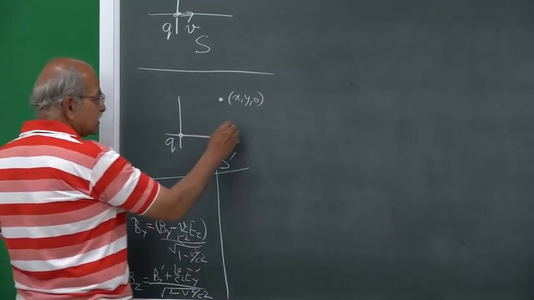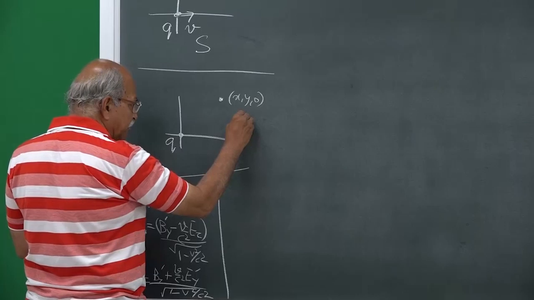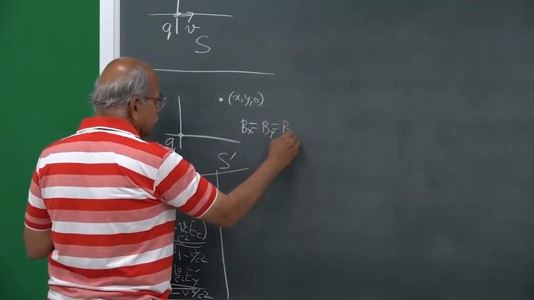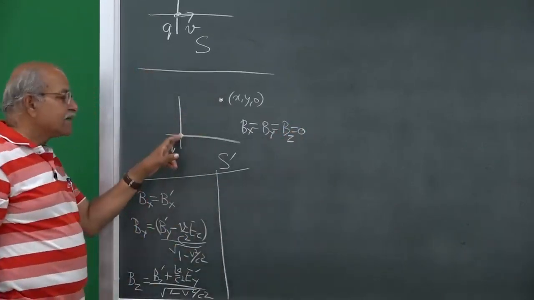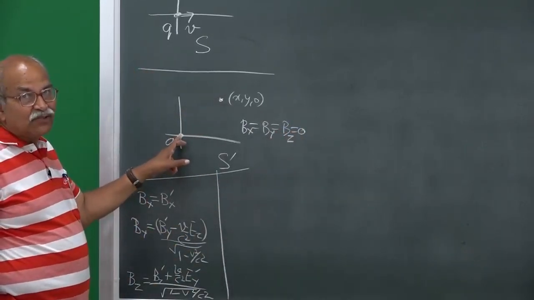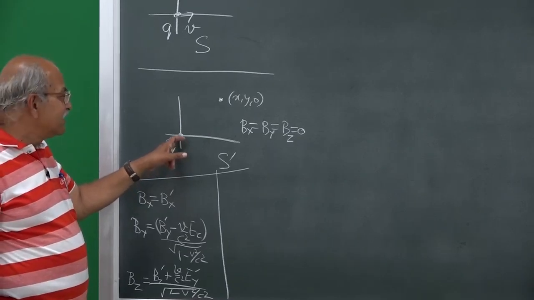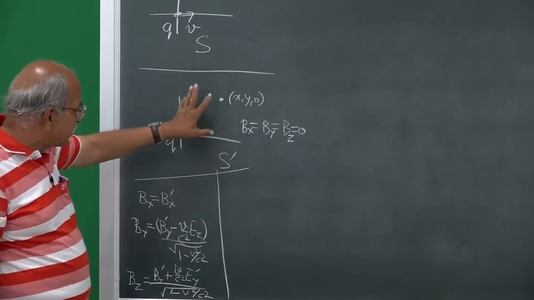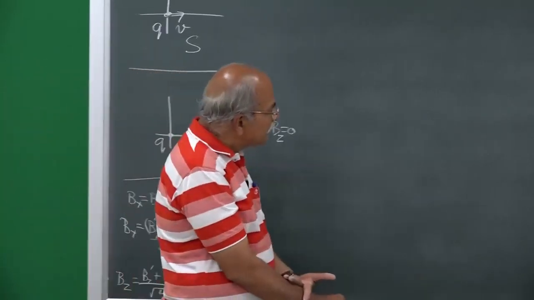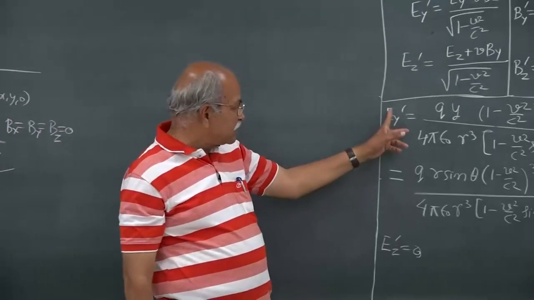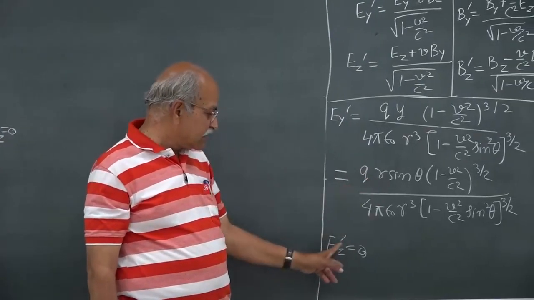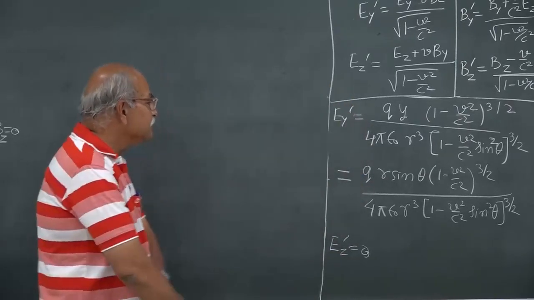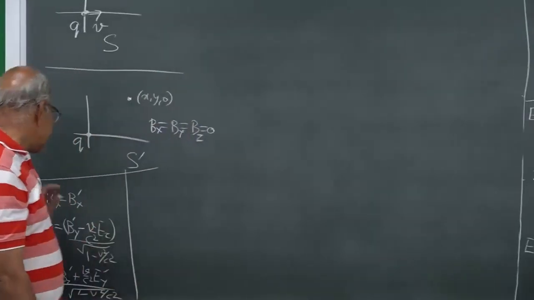In this frame we have 0 B. So, Bx is equal to By equal to Bz is equal to 0, because the charge is at rest here. So, there is no magnetic field, and the electrostatic field, electric field we had written Ex prime, Ey prime and Ez prime. On the board I have the expression for Ey prime, Ez prime is anyway 0, Ex prime perhaps I do not need, so it is fine with me. So, let us start.